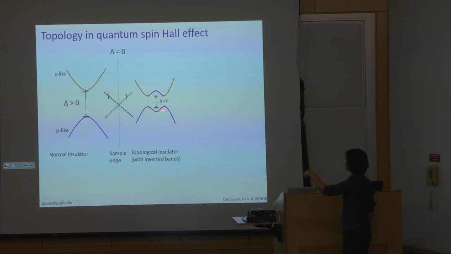Because it needs to find wave functions of similar symmetry there. And you realize that it could not do that unless this gap closes on the sample boundary, where this guy could smoothly go through this point into here, and this one could smoothly go through this point into there.